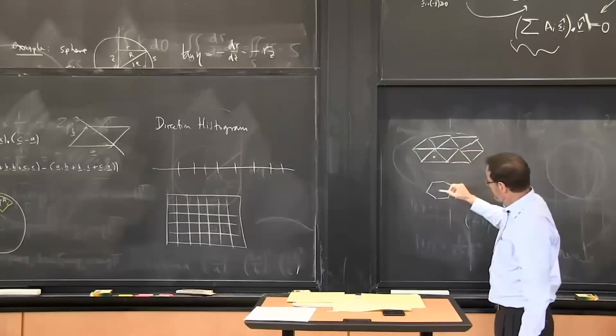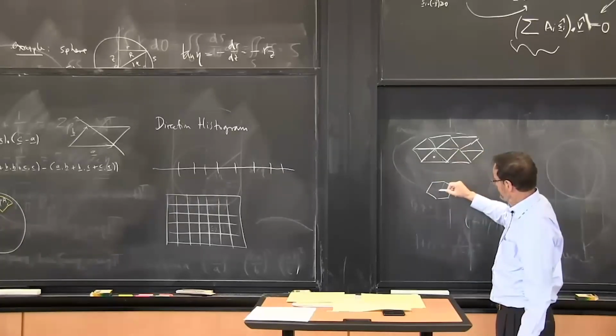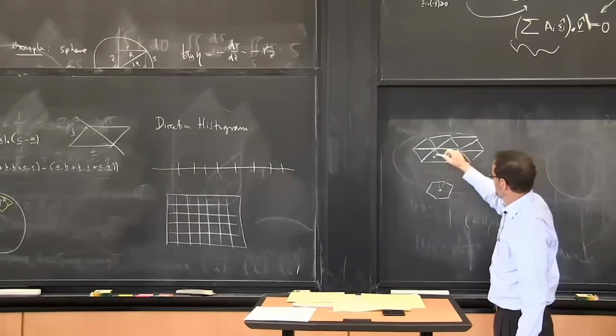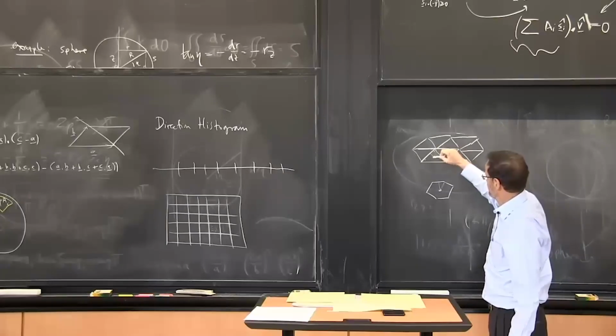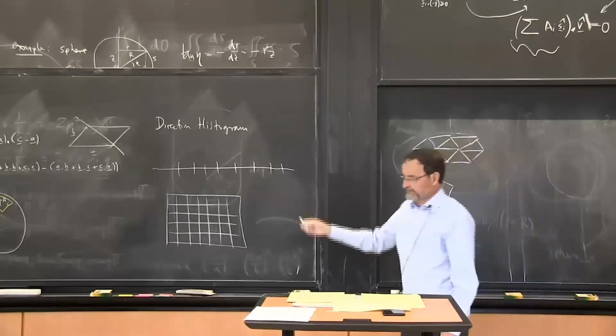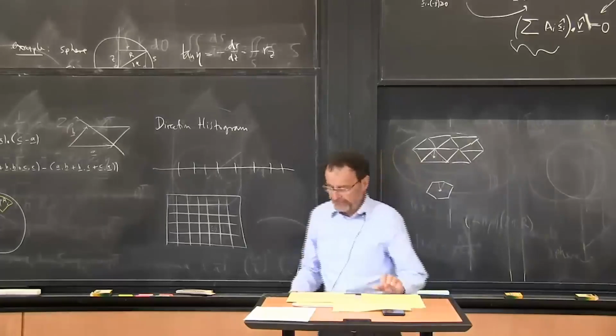So in the case of the hexagon, the ratio of the largest radius to the smallest radius is very small. In the case of this triangle, it's quite large, and the square is sort of intermediate.